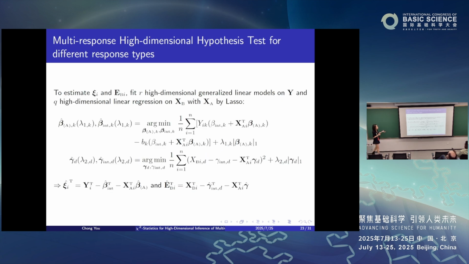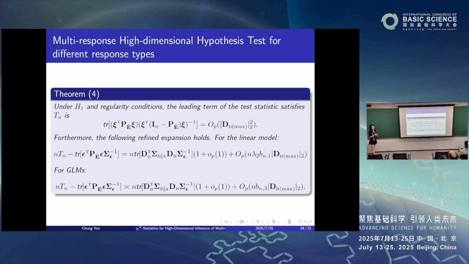Again, we need to estimate what is psi i and eb to obtain those test statistics. So we did the GLM Lasso regression to obtain all those estimates we need. Then about the theorem. So we have proved that all theorems from 1 to 4 apply to the GLM case as well.